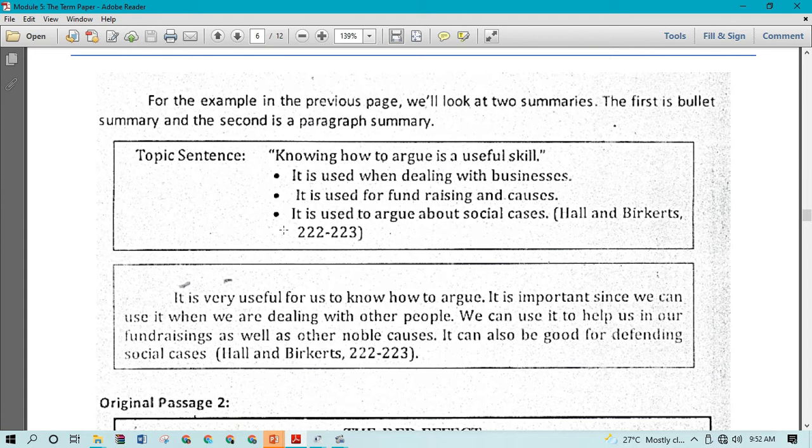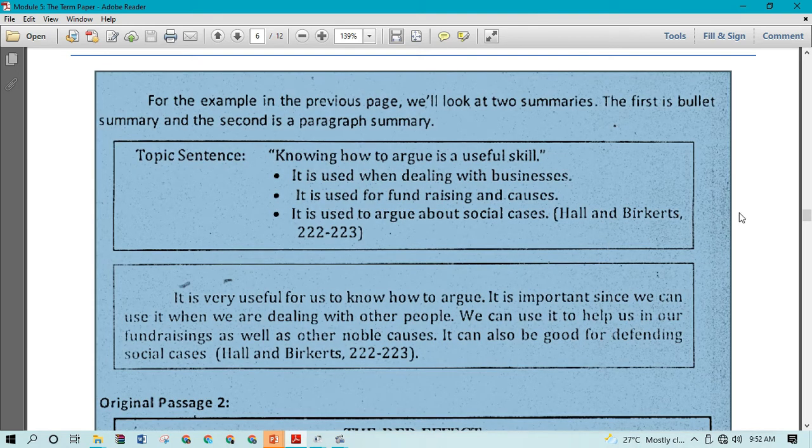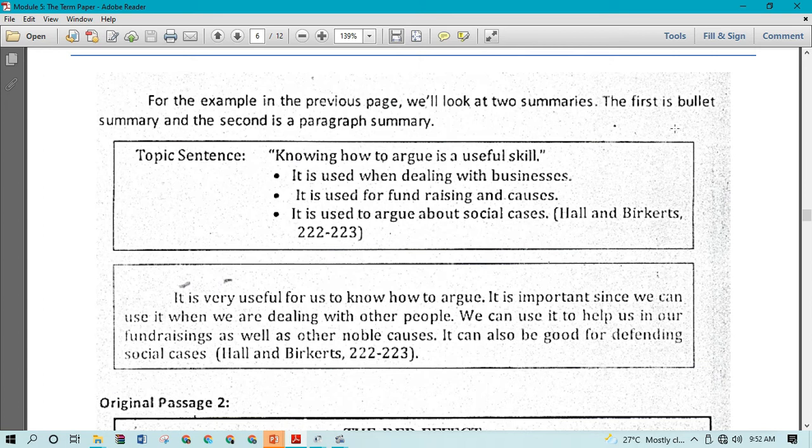Ganito, nag-note-taking muna. The author summarizes this in two ways. It could be in a bullet form or in a paragraph summary. But in writing a term paper, it should be in a paragraph summary. Okay, so ito yung result ng paragraph summary.